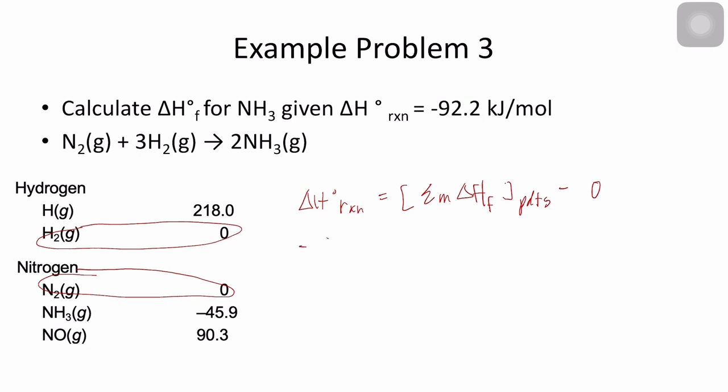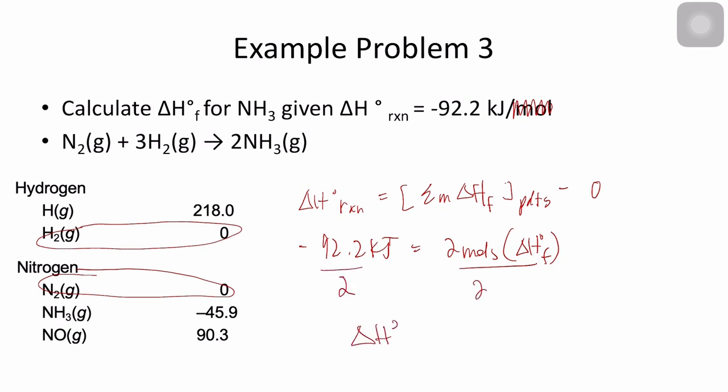So this is negative 92.2 kilojoules. Should just be kilojoules. Alright, and then the products will just be 2 moles, and then your standard heat of formation, which should be the one in kilojoule per mole. Alright, so we divide both sides by 2.